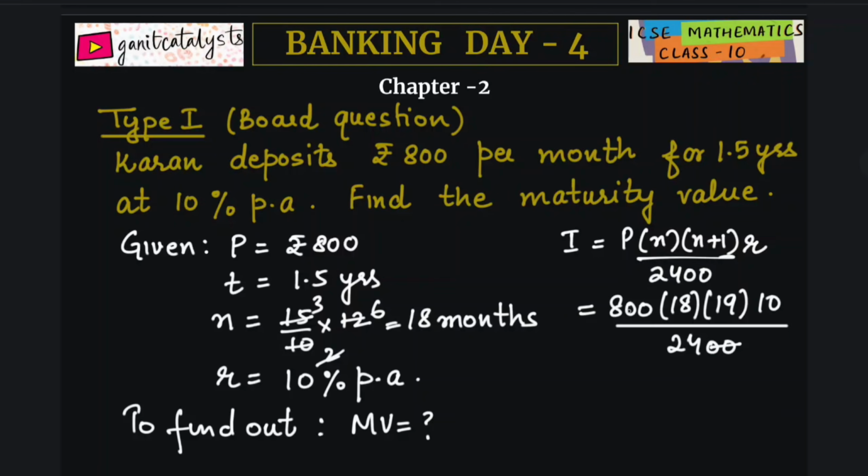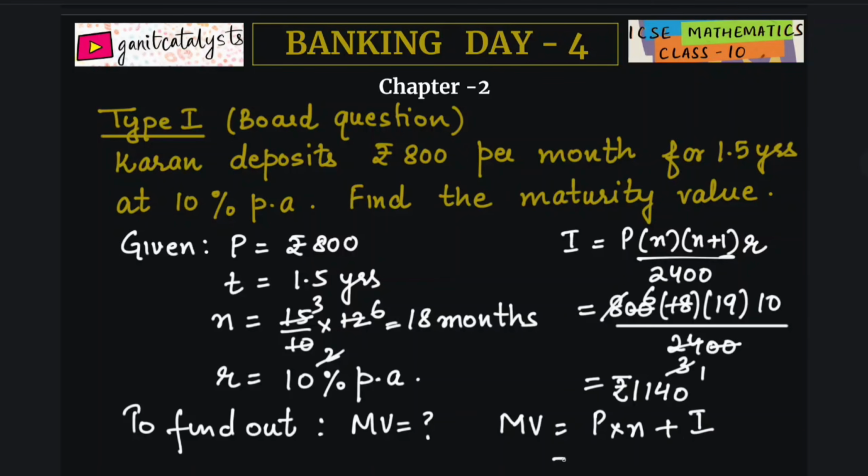So calculate it: 8 ones are 8, threes are 3, ones are 3 6. So it is equal to 1,140. So this is the interest. Now what we get: rupees 1,140 as interest.